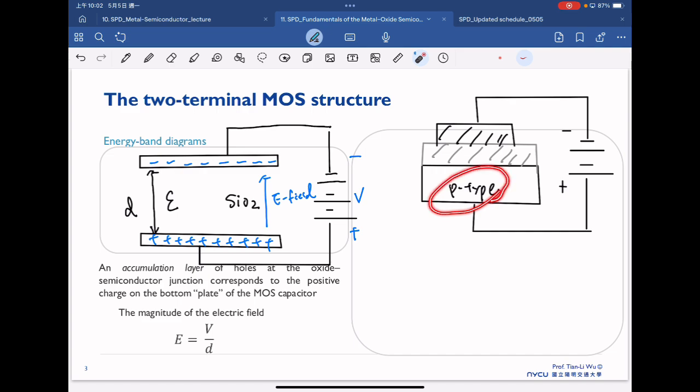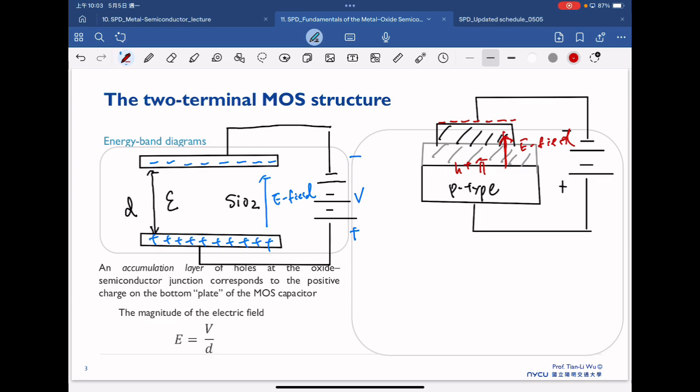Because we apply the bottom as a positive bias, the positive bias will try to push the holes toward the top, and also because we apply the negative bias here, as we already showed, the electric field is in this direction.